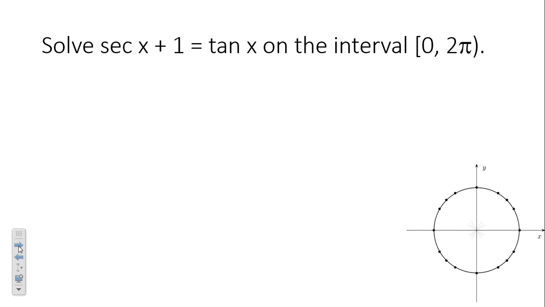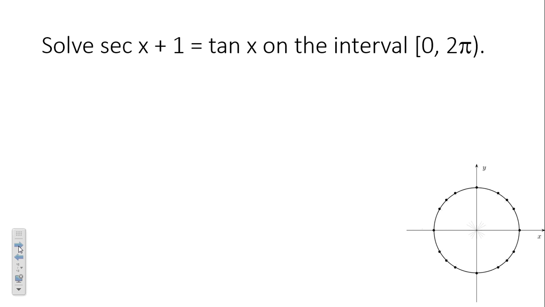So now we're supposed to solve secant of x plus 1 equals tangent of x on this interval. Again, starting at 0, going all the way almost to 2 pi, just one rotation.